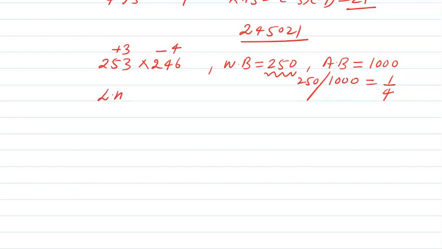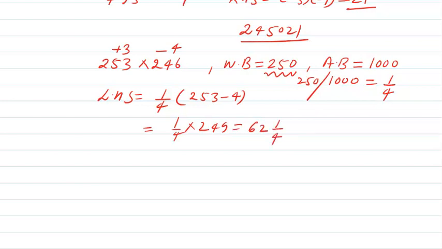So the left hand side will be 1 by 4 into 253 minus 4, which is equal to 1 by 4 into 249. If I divide 249 by 4, it will be 62 and 1 by 4, right?